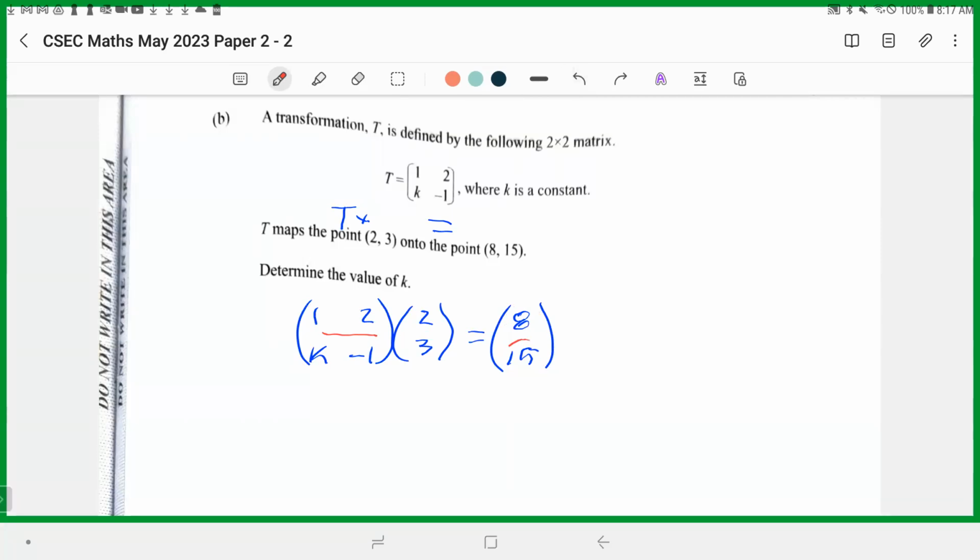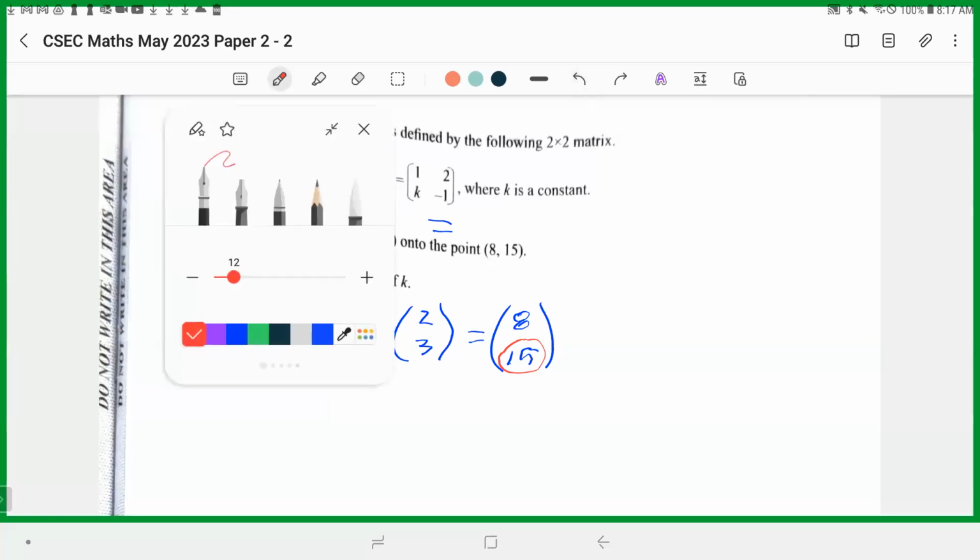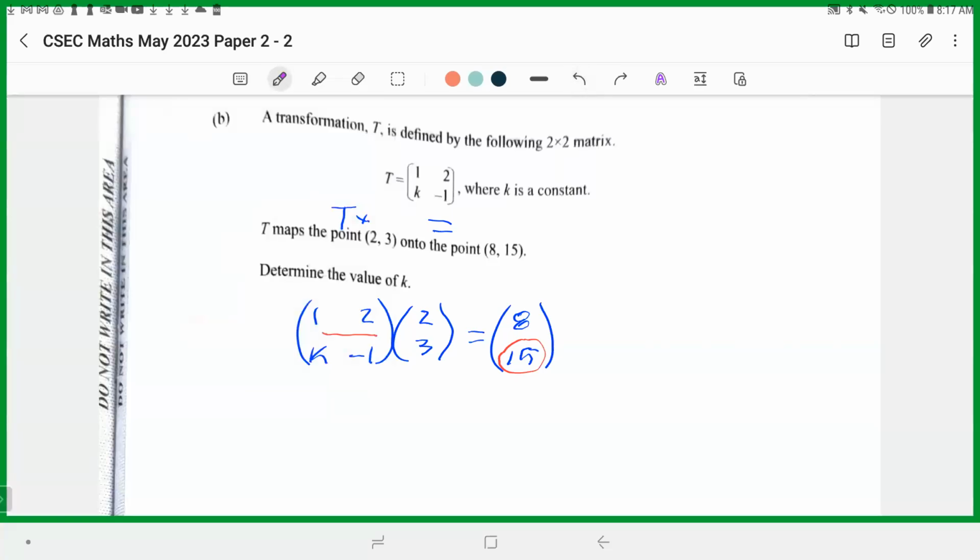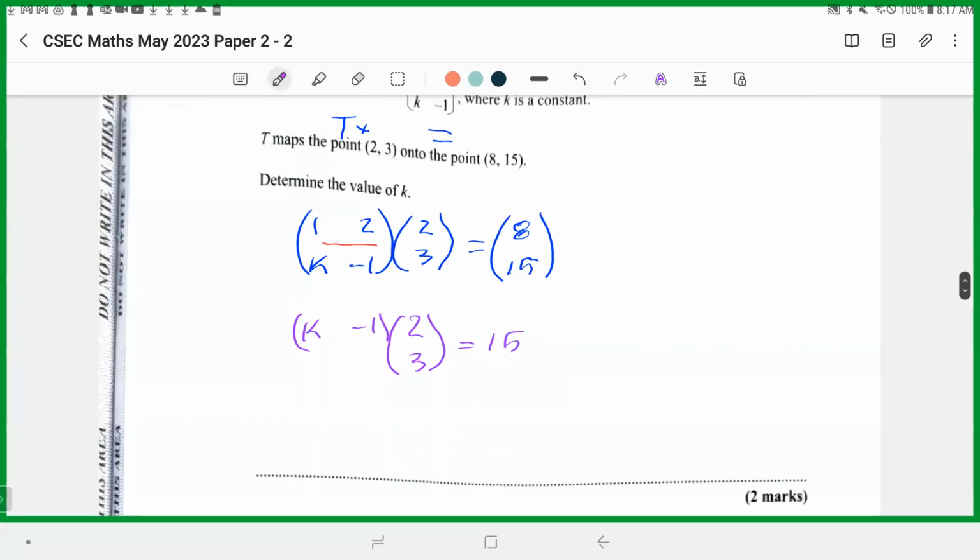But the 15 right here is the product of this row and this column. So basically, the solution goes like this: k, negative 1 multiplied by the 2, 3 is equal to the 15 right there.